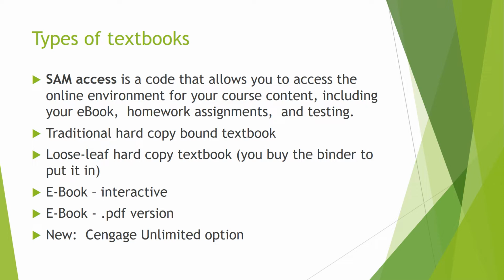Many of our SAM ebooks are like this, where you can click on videos within the book. We also have ebooks. Some of them are PDF versions that you can print or read on a tablet or a computer, but they're not interactive. And then there's also a new option which is coming out this fall, just launching. It's called Cengage Unlimited. There'll be a little bit more about that in a minute.